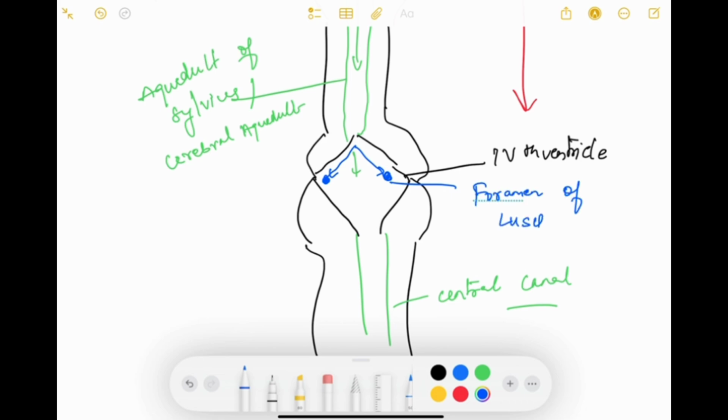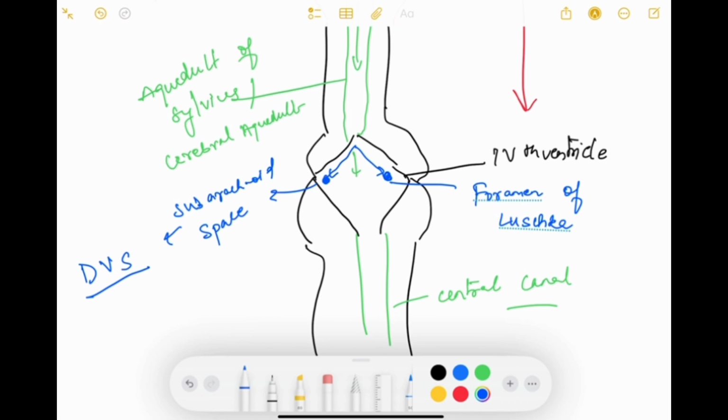These are the openings through which CSF goes out of the ventricles into the subarachnoid space, which we can talk about some other time, and then it goes into the dural venous sinuses. We are not going to talk about that right now, we are just talking about the fourth ventricle.